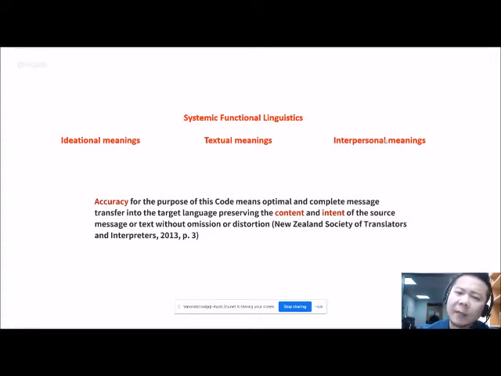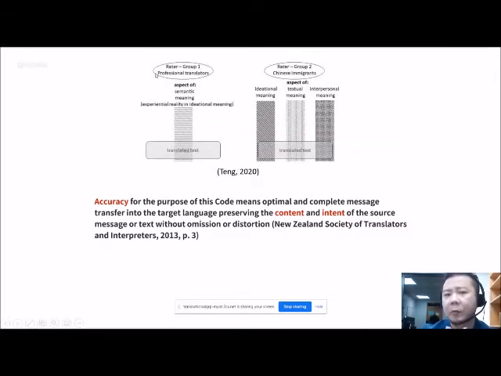So it sounds like the translators focused mainly on the ideational meanings, and it's quite different from the perspectives that the Chinese immigrants adopted. They actually were very sensitive to the three meanings: ideational meaning, textual meaning, and interpersonal meaning.